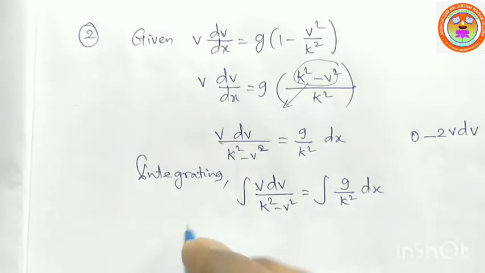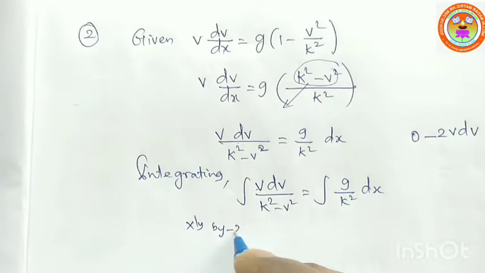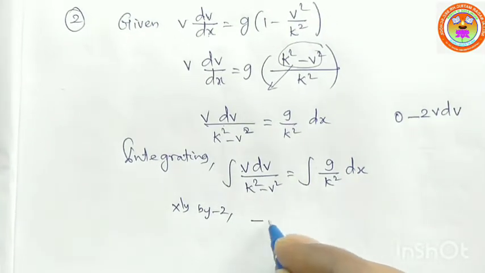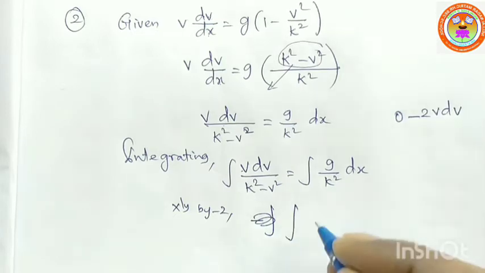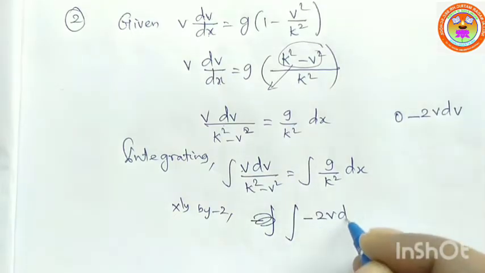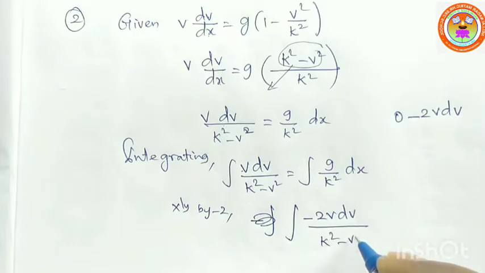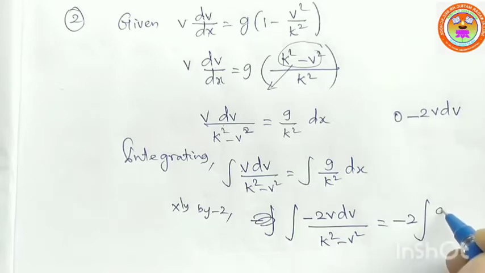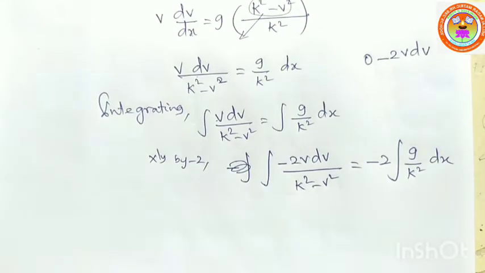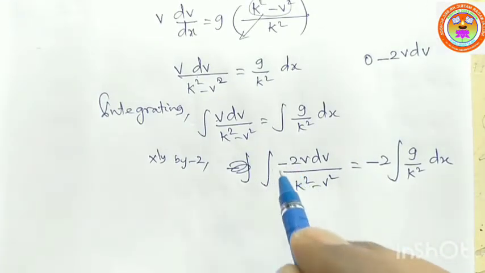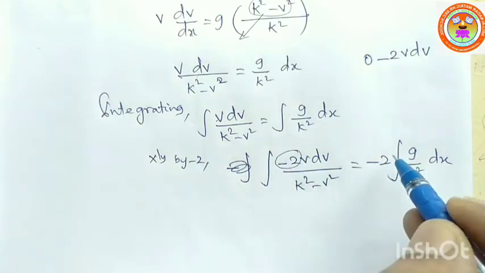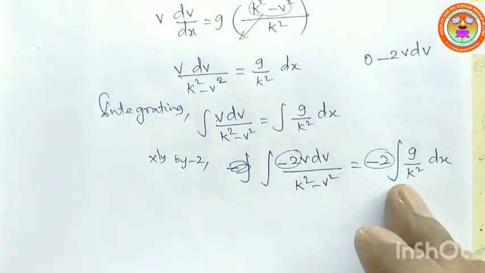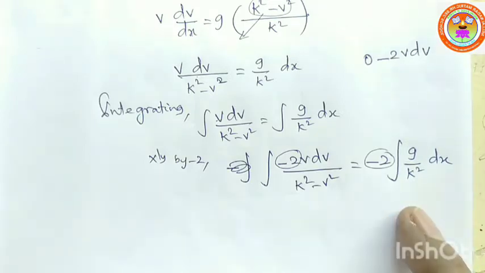When we are multiplying minus 2 on both sides, we will get minus integral of minus 2v dv by k square minus b square, which is equal to minus 2 into integral of g by k square into dx. See, here we just multiplied minus 2 on both sides. When we are multiplying the same constant on both sides, there won't be any change in the equation.